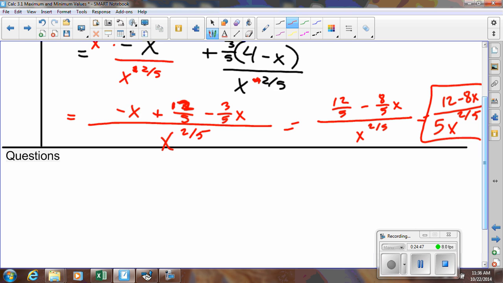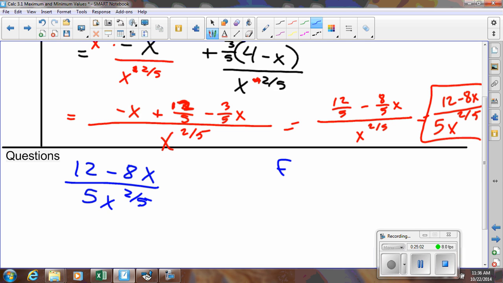When is the derivative equal to 0? Well, the derivative will equal 0 when the numerator is 0. So f prime of x equals 0 when 12 minus 8x is 0.